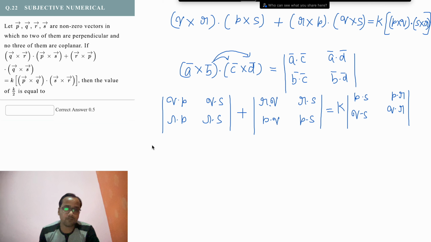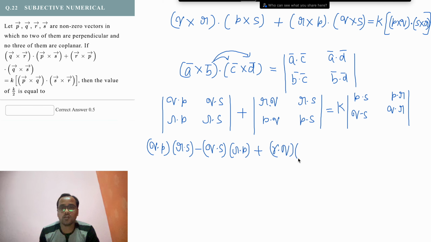This will become (q dot p)(r dot s) minus (q dot s)(r dot p) plus (r dot q)(p dot s) minus (r dot s)(p dot q) equals k times (p dot s)(q dot r) minus (q dot s)(p dot r).